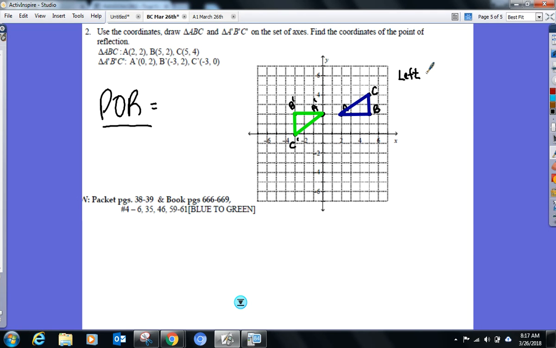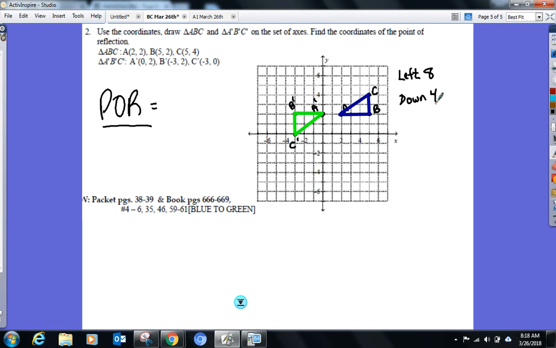Is that what it is? Well, you're going from 5 to -3. Eight and down. Down 4.